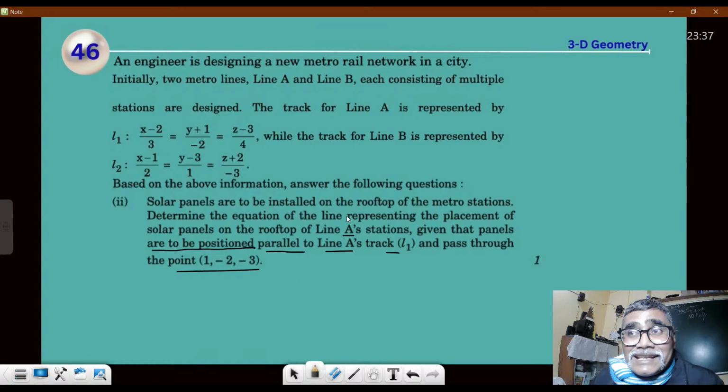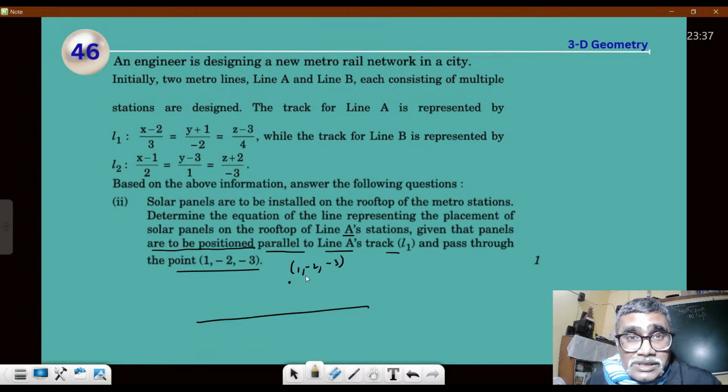So they are indirectly asking what? Suppose this is the track and this is the point through which our solar panel arrangement should pass. So this is the line equation they are asking you to find. It is at the rooftop. Suppose there is a roof here and this is a track.